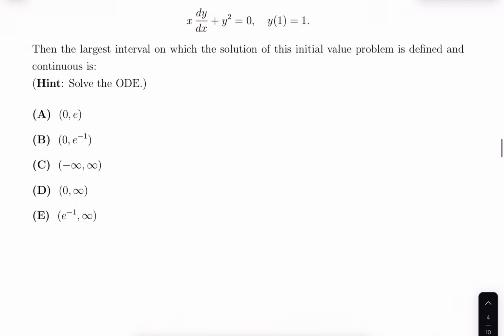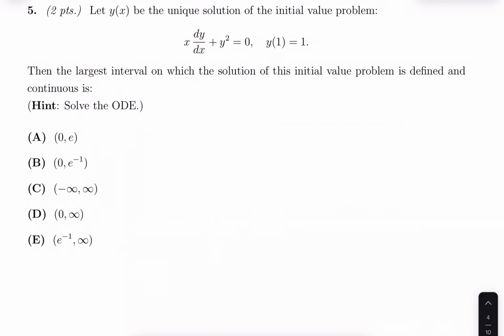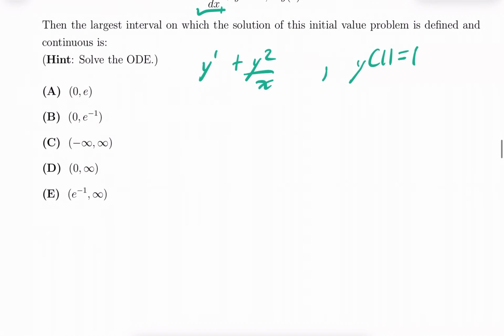Continuing with question 5. So this one. Actually, I'm liking the turquoise. So you already see this is bad. Just get rid of the x and use y prime to make your life easier. Plus y squared over x, and then y at 1 equals 1. Okay.